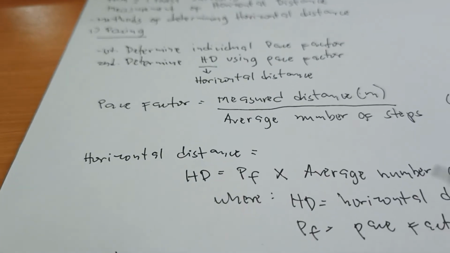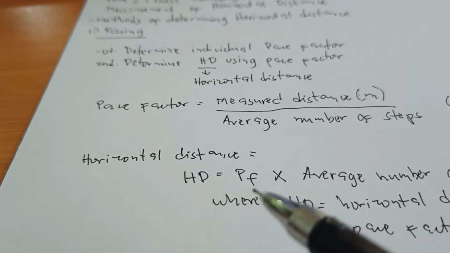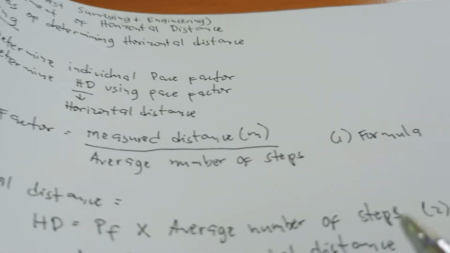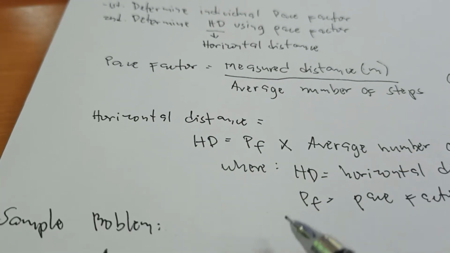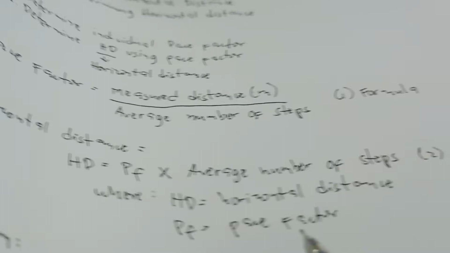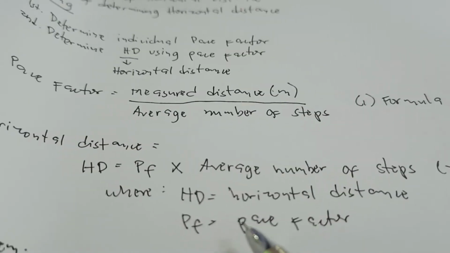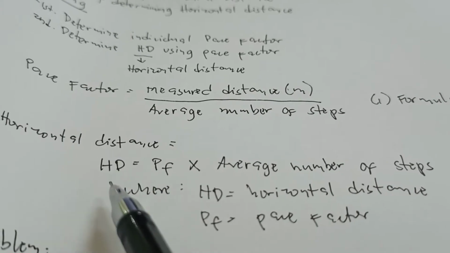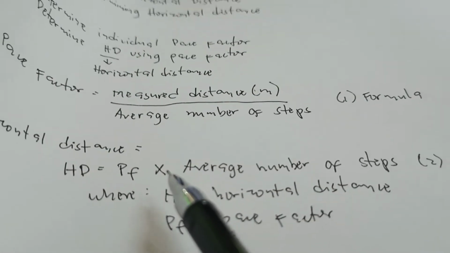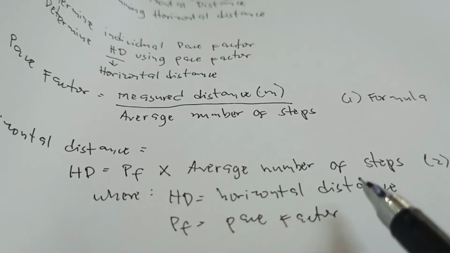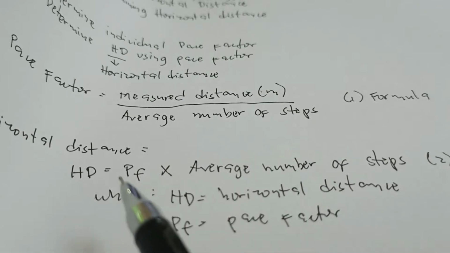The second formula is HD equals PF times average number of steps, where HD is the horizontal distance and PF is the pace factor. Simple lang, no? So to get your horizontal distance, you need your pace factor and the average number of steps of an unknown distance in order to compute its length.